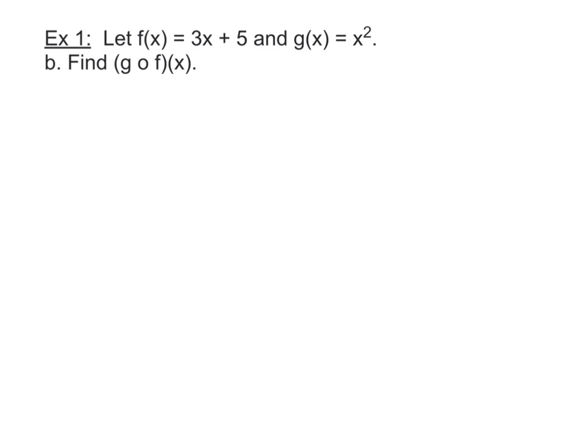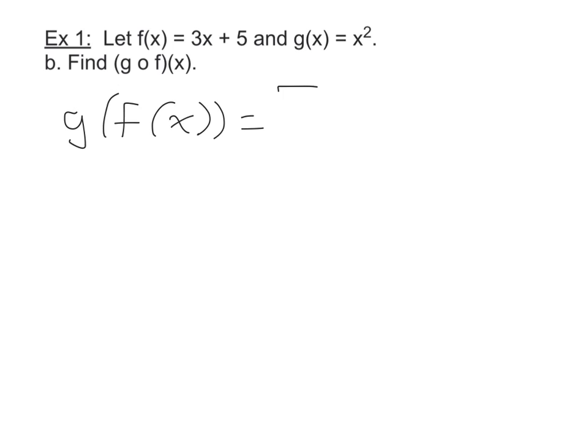Still taking a look at our example number 1. Now instead of finding f composition g of x, now we're finding g composition f of x. So once again, per the definition, g of f of x is equal to, I'm going to start with my g function, which this time is x squared.